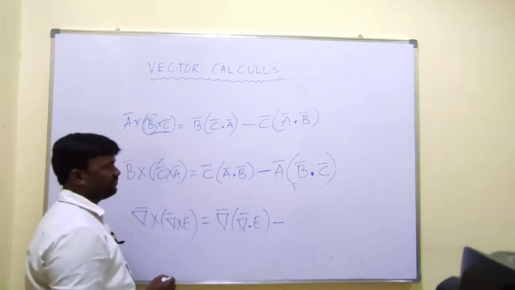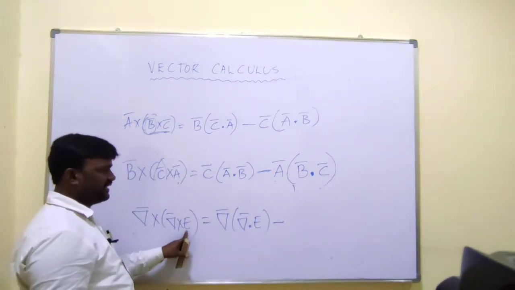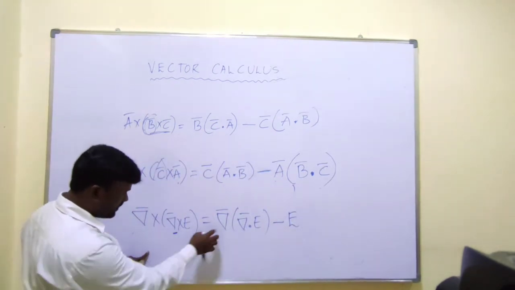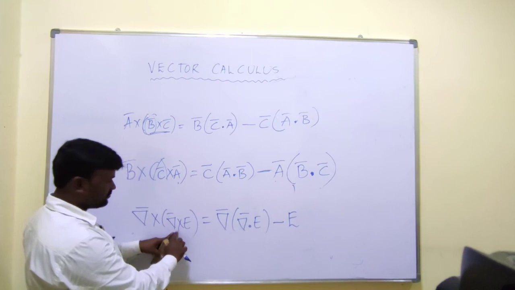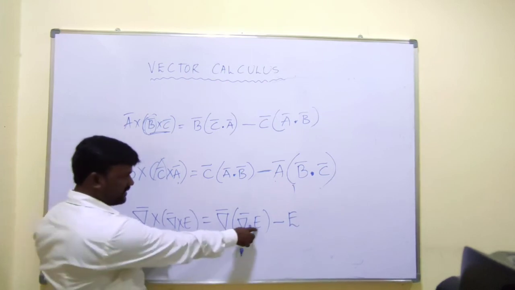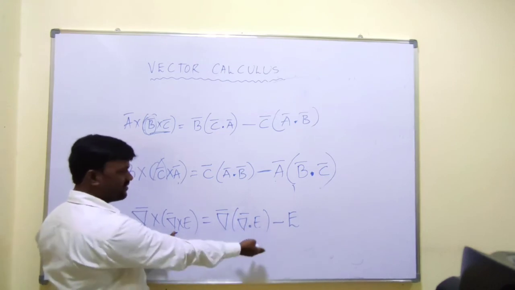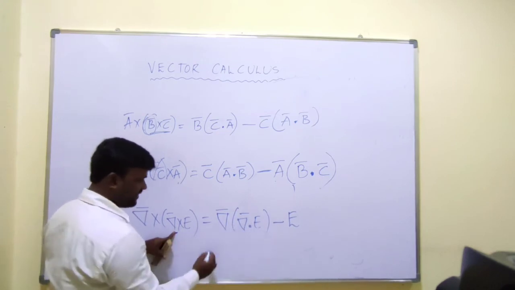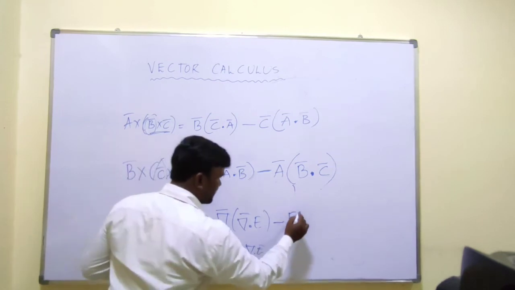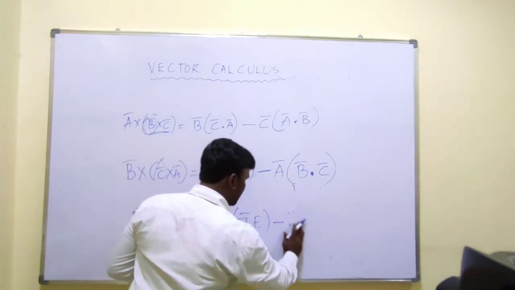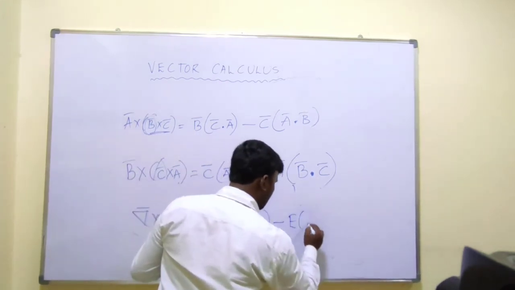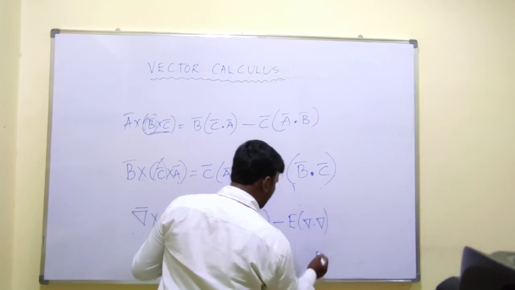Minus, our focus is on E. First one is del, after del, B, C, that is E dot del, basically del dot del E. Next it is E into del dot del.